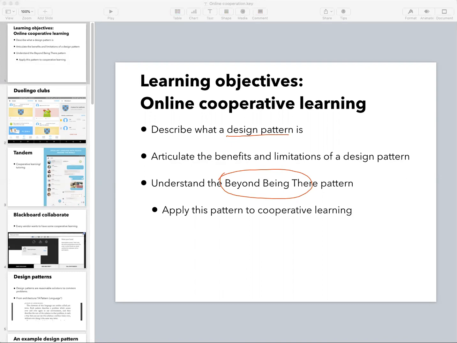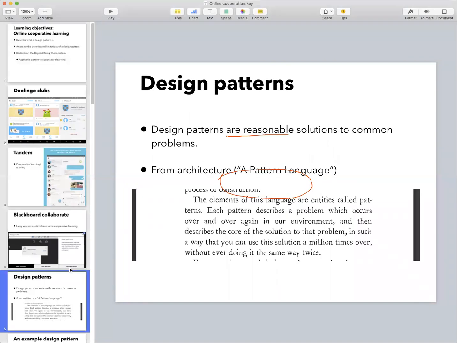So let's get started. To start, let us define a design pattern. This term design pattern comes from a book called A Pattern Language. It's a book on architecture by an architect, Christopher Alexander.